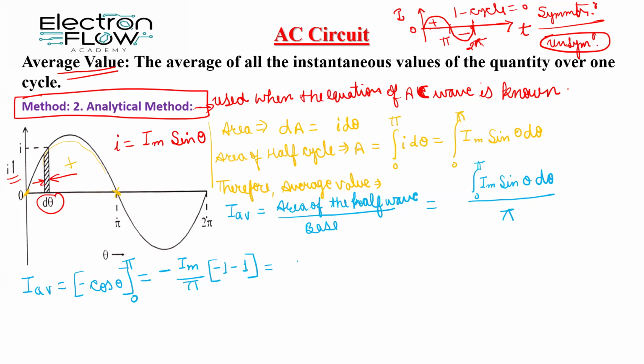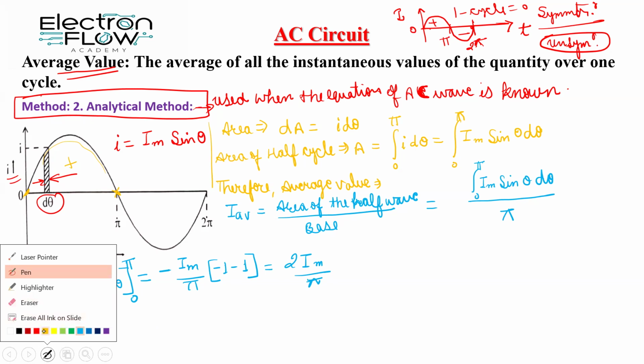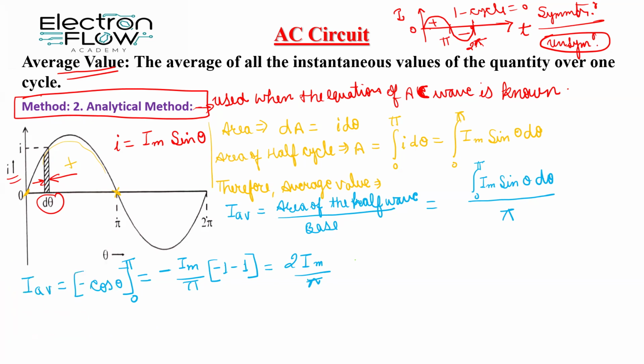The result is twice Im divided by pi. So I average is equal to twice the maximum value divided by pi. This is how we have calculated the average value with the analytical method.